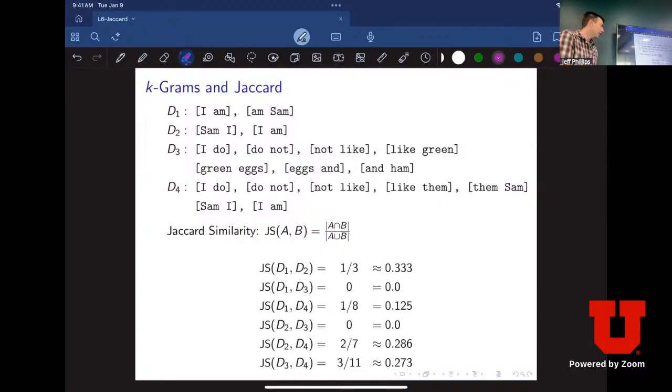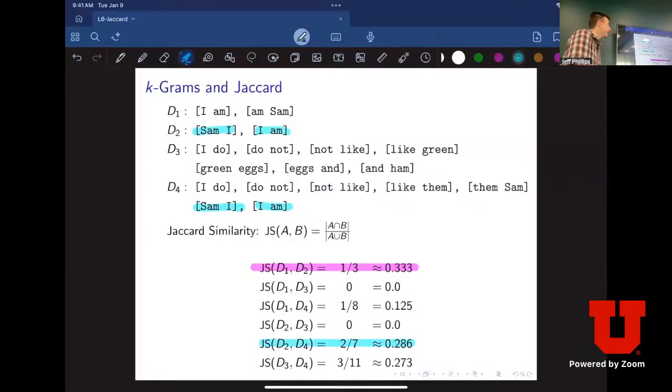What it shows is which documents are most similar. The most similar ones look like document 1 and 2, with 1/3 overlap. "I am Sam, Sam I am" should be pretty similar. And then the next most similar is D2 and D4, because it's going to have "Sam I am" in both, in this line.